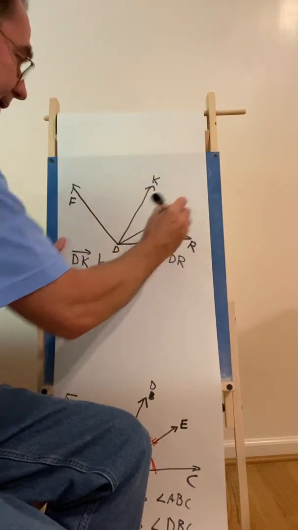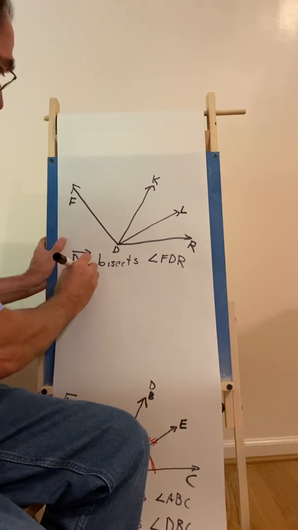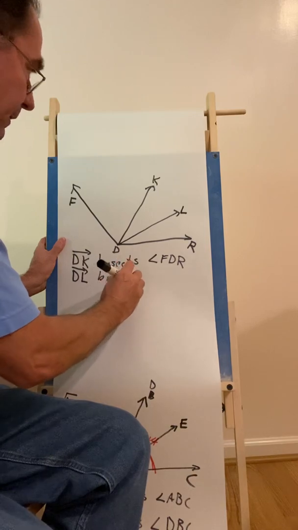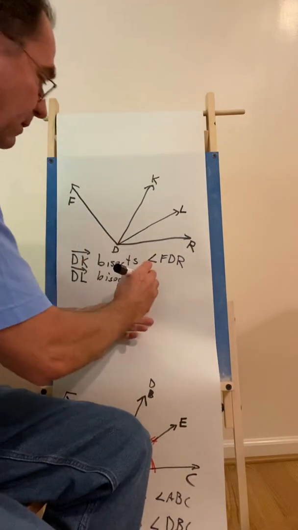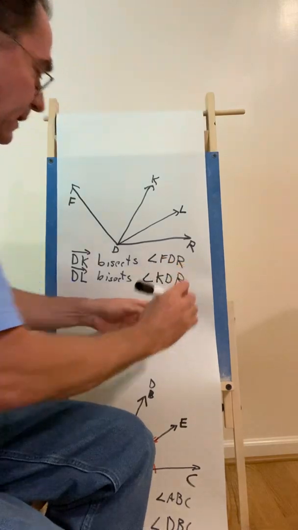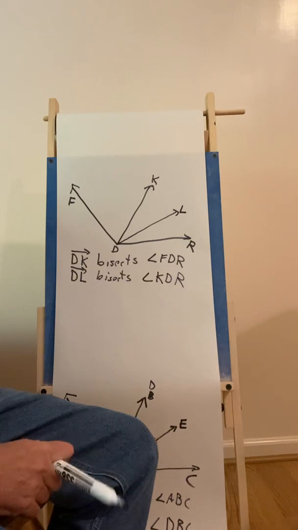Let's call that L. So let's say DL bisects angle KDR. So if you look at the diagram, study the diagram, you'll see it's the same concept of the one we just did.